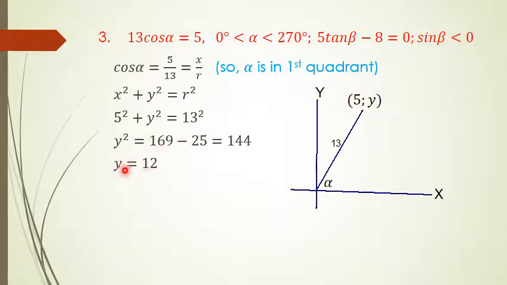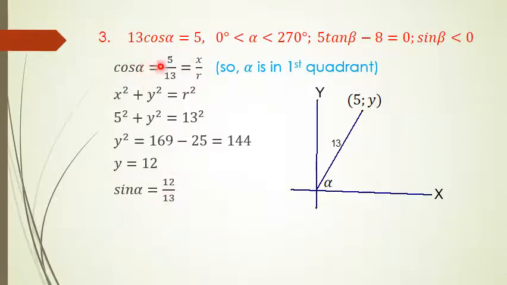Taking the square roots both sides and remembering that in the first quadrant y is positive, so we take the positive root, so y is equal to 12. Then we can write down sine alpha. That's sine alpha equal to y over r, which is 12 over 13.